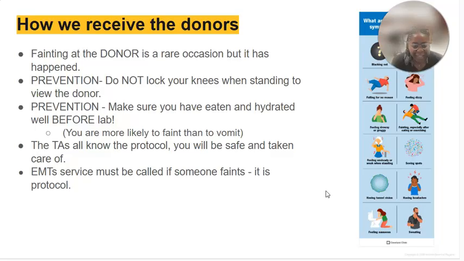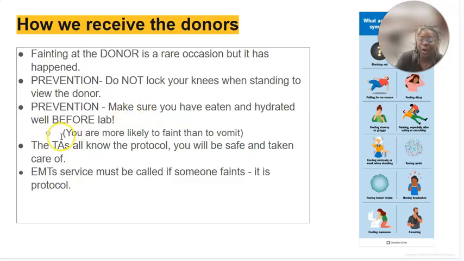And so here, before you get to lab, especially if you're a 7:30 a.m. lab, I will say, please make sure that you've at least eaten something or drank water before you come. This is a good note. You're more likely to faint than you are to vomit. So just make sure that you're taking care of yourself once again.